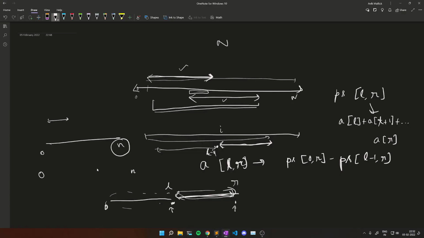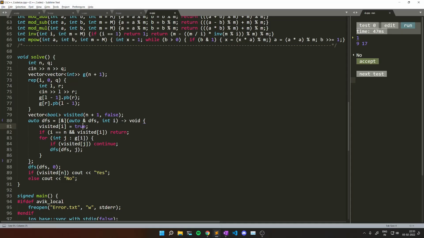Otherwise, let's say I am currently at position 0 and we were given two ranges in queries, like 1 to 3 and 1 to 6. That means we could come to 6 from 0, and we also could come to 3 from 0. So we will explore all the possible paths, from all the possible points where we can reach from 0, and thus we will simply call DFS, and after that we will come out of the function.